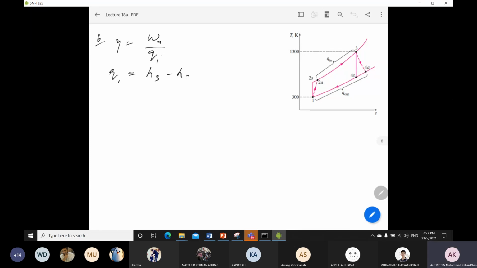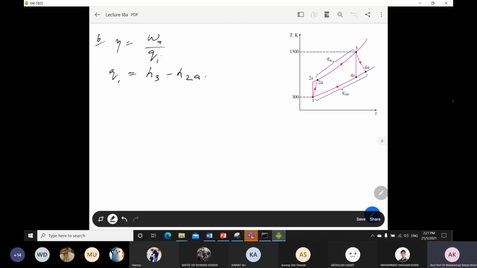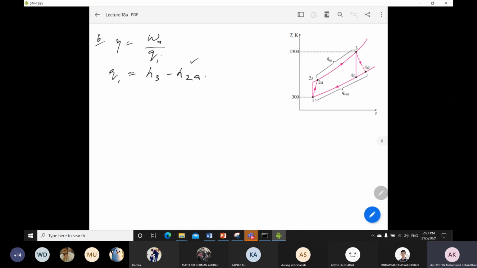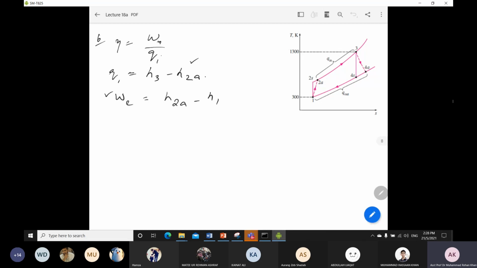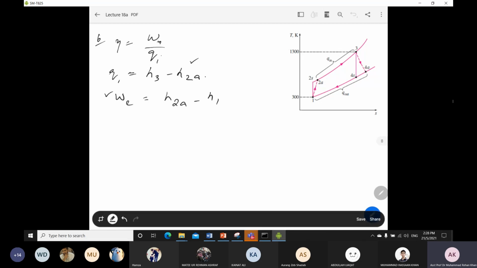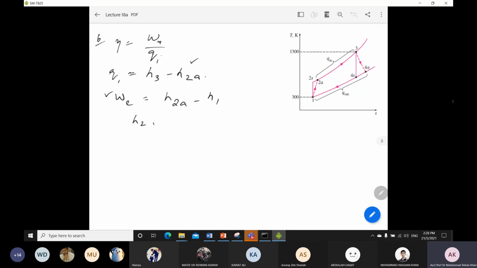Q in is equal to H3 minus H2A. So first we have to find the value of H2A. You already know that your actual compressor work is equal to H2A minus H1. From here we can easily find H2A, because the actual compressor work we already found in part A. So H2A is equal to W compressor plus H1.